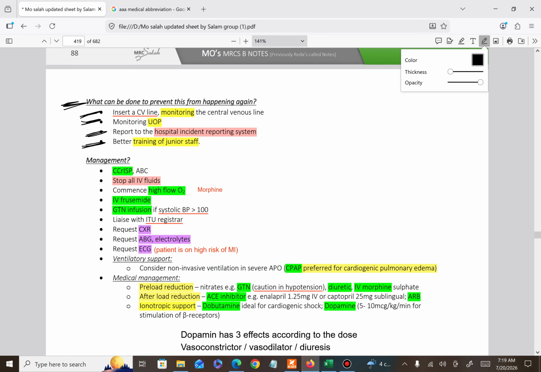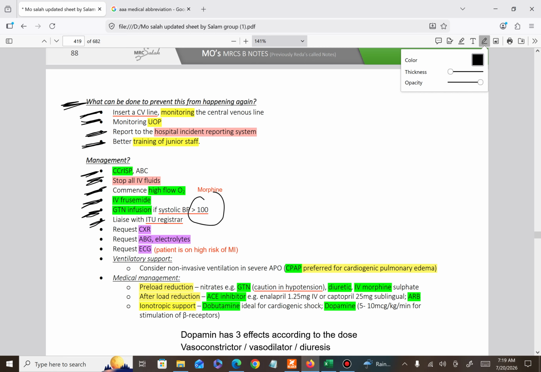Management will be through critical care of the critically ill surgical patient and ABCDE protocols. Stop all IV fluids, commence high flow oxygen, IV furosemide, glyceryl trinitrate infusion if systolic pressure more than 100.